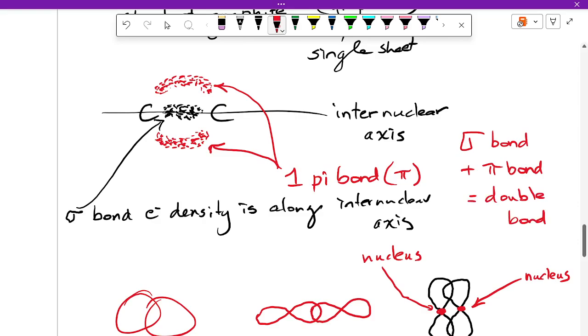And that's why when I talk about the electron density being above and below the sheet, this bond here is that sigma bond, and that is along the internuclear axis. It's in between the two nuclei, the nucleus of this carbon and that carbon. The other pi bonds are going to be kind of floating up here or back here.